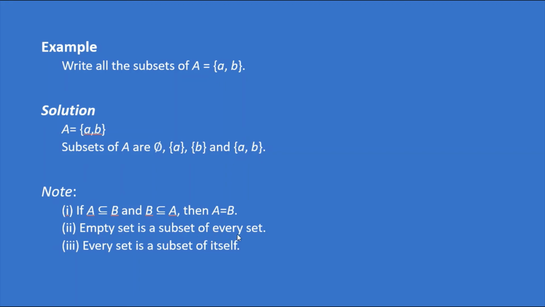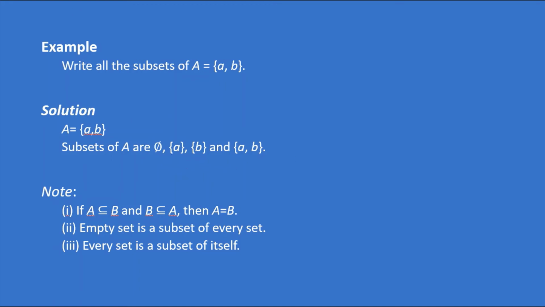So we have included the empty set here. The third note is that every set is a subset of itself. So we have added {a, b}, which is a subset of itself. So the subsets of A are the null set, {a}, {b} and {a, b}.